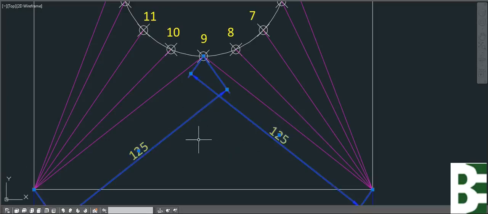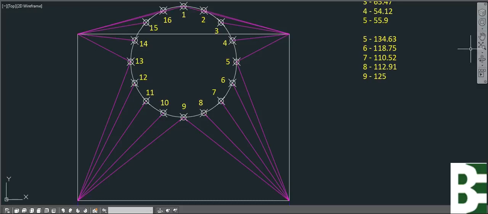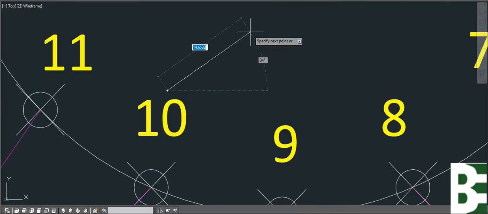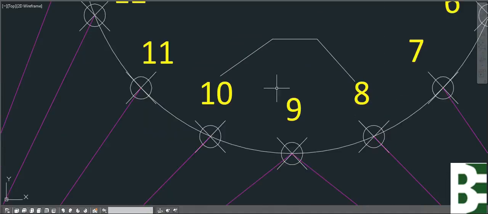For this number 9 both are equal, that's why I will mention only one time. You can mention this number 9 2 times, it's up to you. If you see this number 10 and number 8, these are equal. Number 11 and number 7, these are equal.